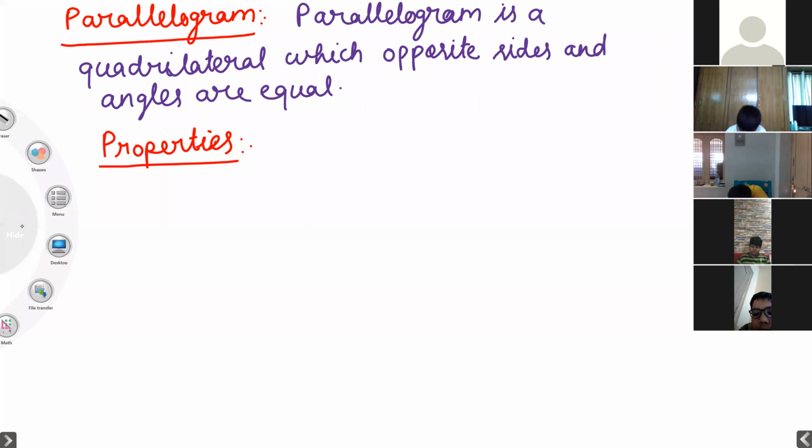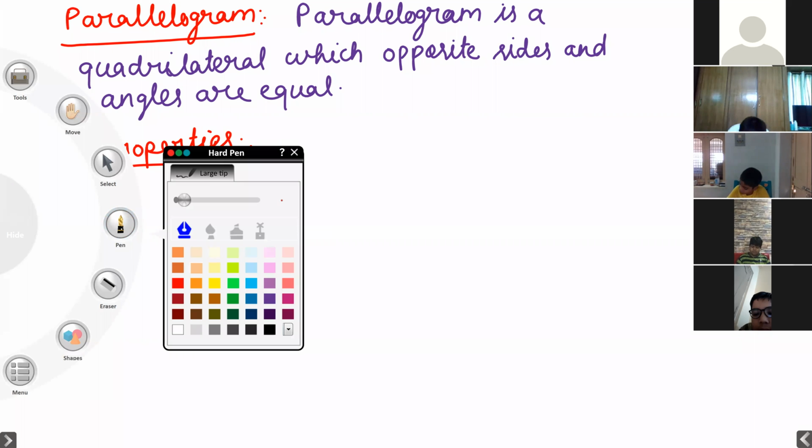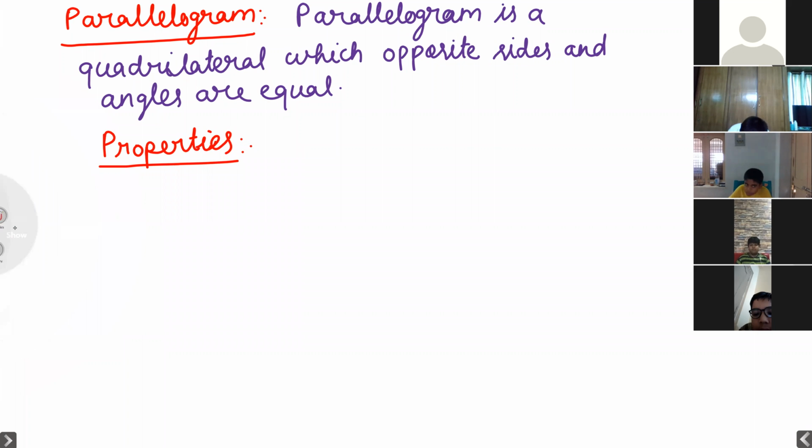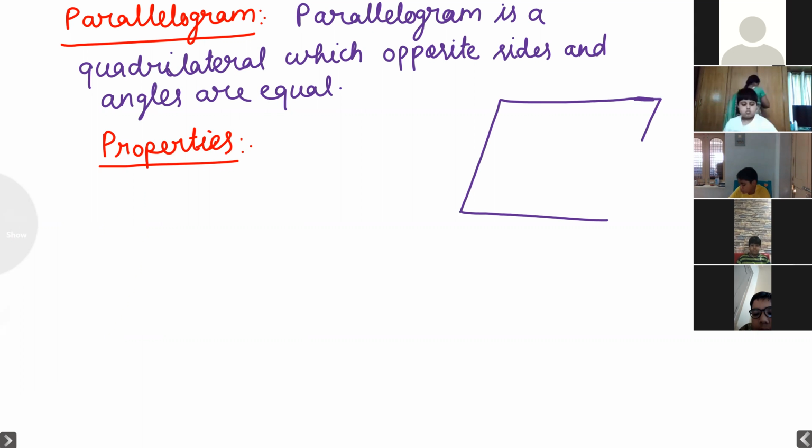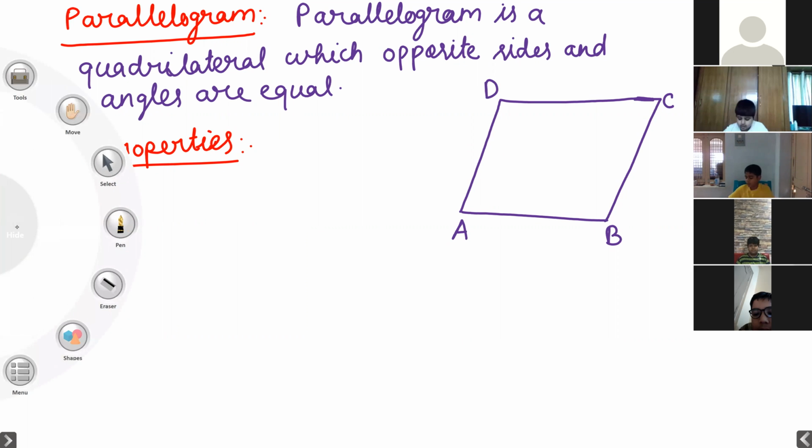Draw this figure on the right side with the help of a pencil. This is not a rectangle. There is a slant.